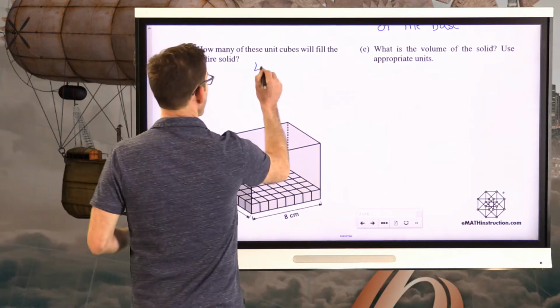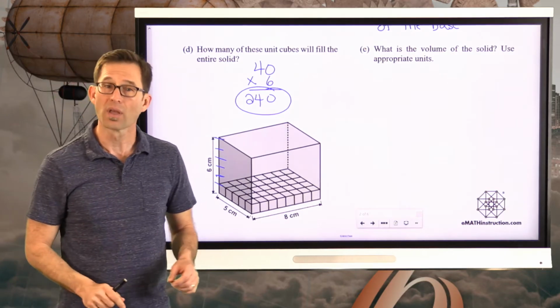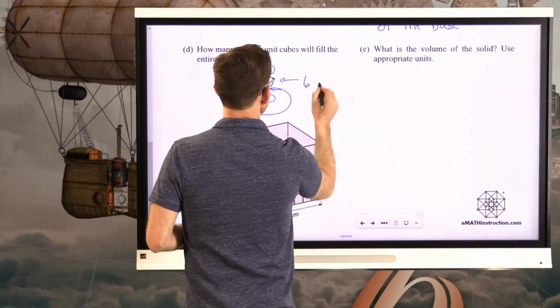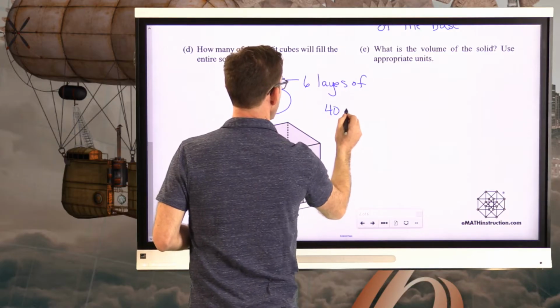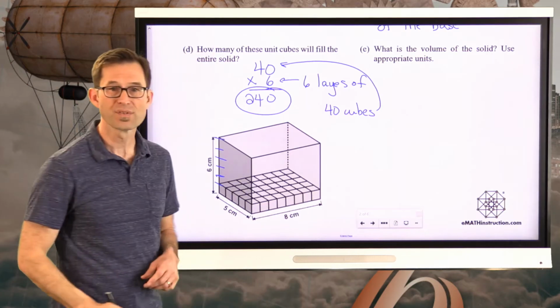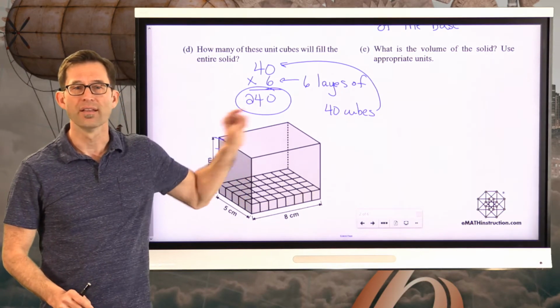So we'd have 40 times 6, and there would be 240 cubes that fit inside there, because we'd have 6 layers of 40 cubes: 40 sitting in the bottom layer and 6 of those layers.